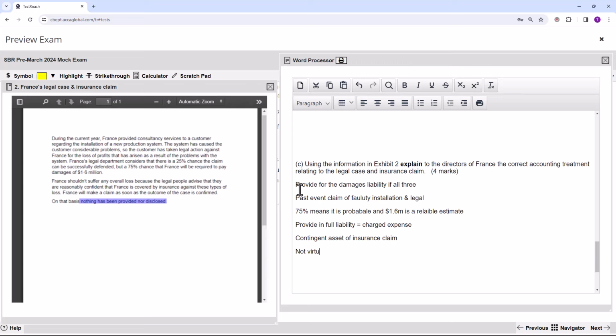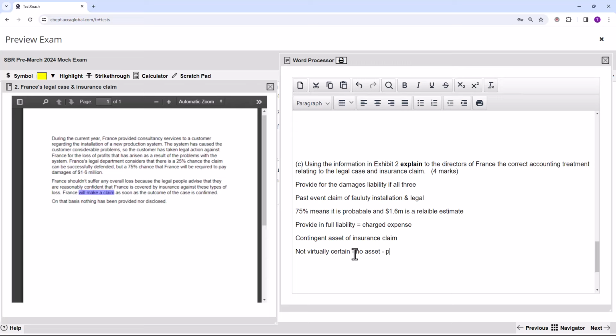But to me, it's not virtually certain. The loss adjusters haven't agreed it. It's not in writing. We will make a claim. We haven't even made a claim yet. So how can we claim it's virtually certain? We can't. And therefore, there is no asset.